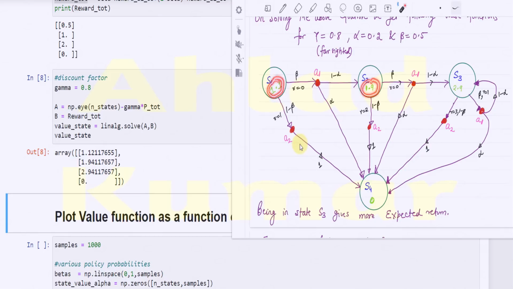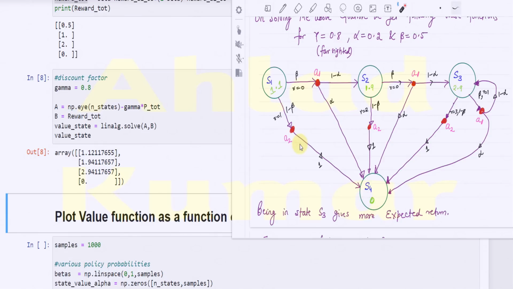This is basically the expected return that you will get for being in state S1. Its value is 1.1. Being in S2, you get an expected return of 1.9, and for S3, you get an expected return of 2.9. Similarly, being in state S4, you get an expected return of 0.